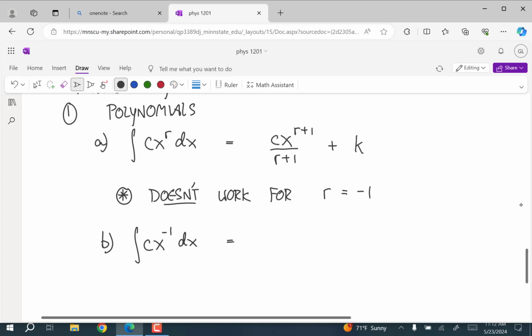So this is equal to c times the natural log of x, and then you have to add on the constant of integration. Okay, so you have one case for any r value that's not equal to -1, and then a different way of doing it when the r value is -1.